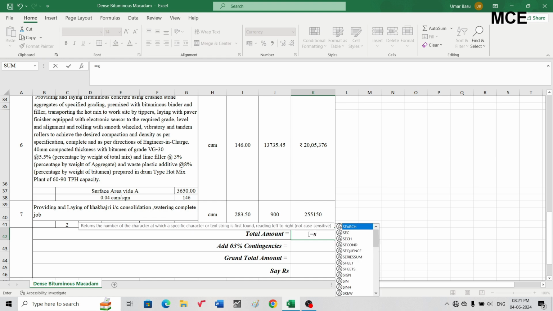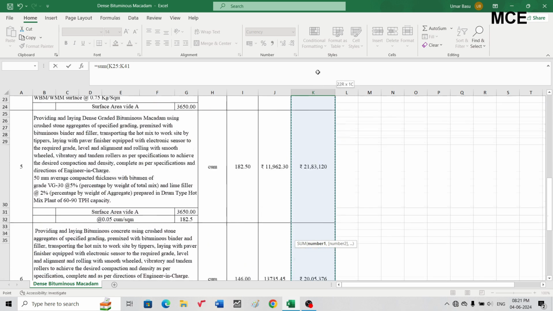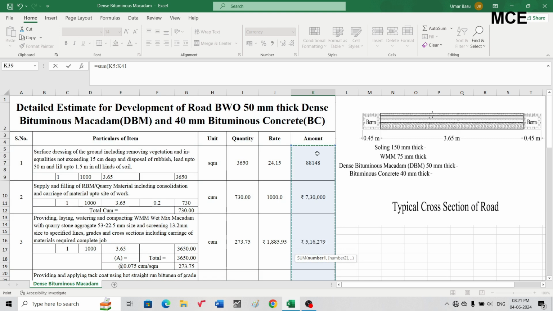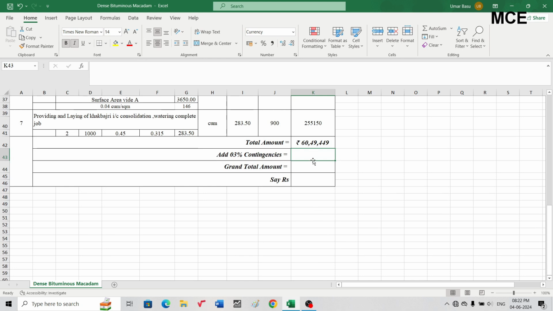The total amount will be the sum of all the amounts. So write equal, then write SUM, then bracket, and then select all these items, take their sum, close the bracket, press enter. So this is 60,49,499 Indian rupees. You have to add 3% contingency, so 0.03 of this 60,49,000, which is 1,81,483 rupees.